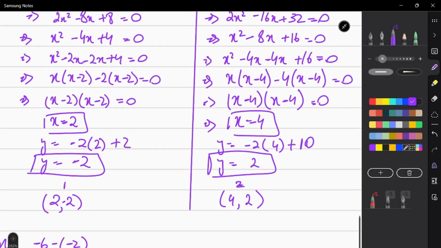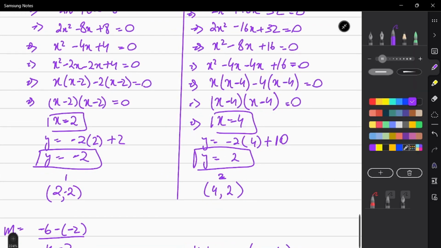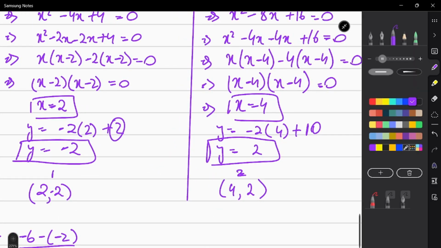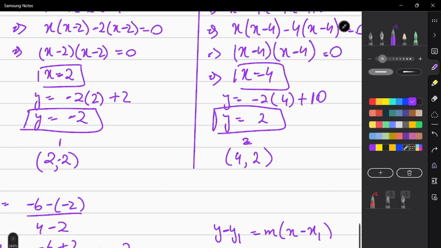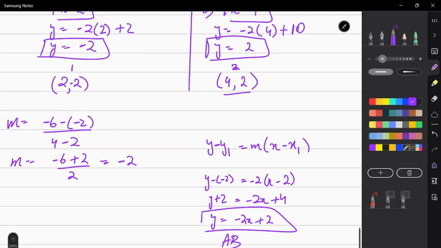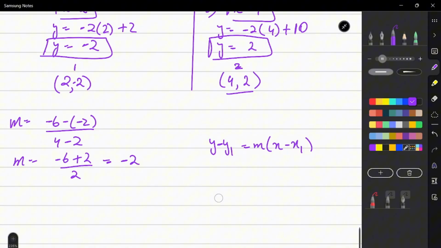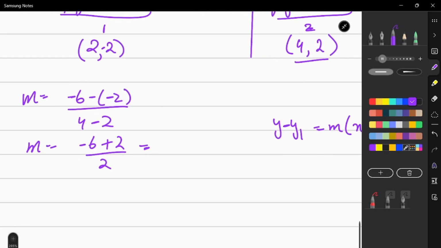Okay, so since we were using different equations for both the workings, here is going to be 2 and here is going to be 10. So this was a previous mistake, but now that that's resolved, our new coordinates are 4 and 2, and 2 and minus 2. So these are going to be changed as well. We're going to get a new m.